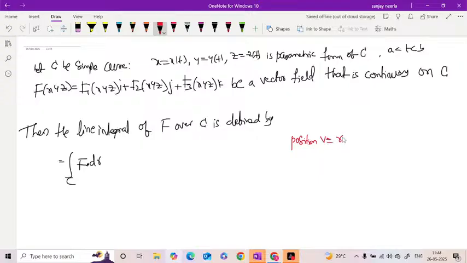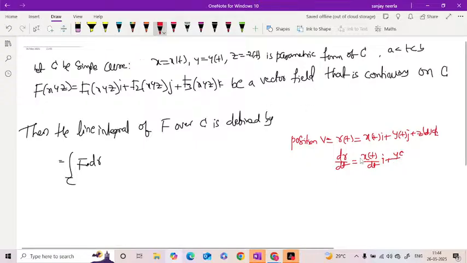Our r is the position vector. Already we know that r is a function of t, r is equal to x of t i plus y of t j plus z of t k. So here dr by dt is equal to dx by dt i plus dy by dt j plus dz by dt k. That is the dr result.